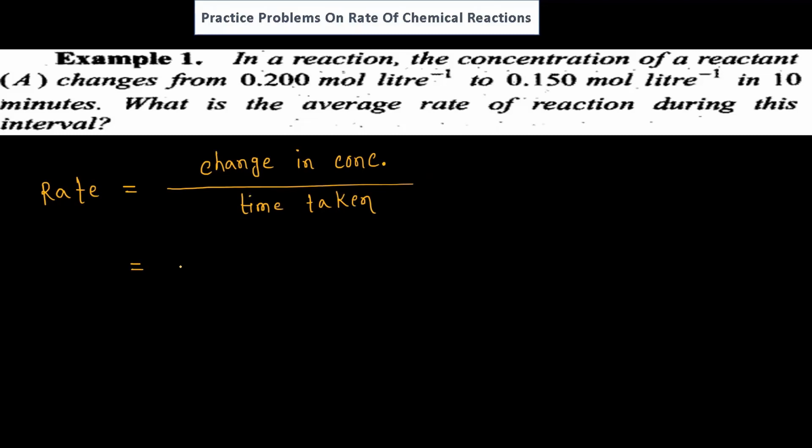So the average rate will be negative sign change in concentration of A divided by change in time.